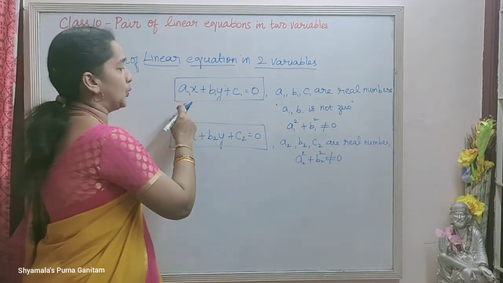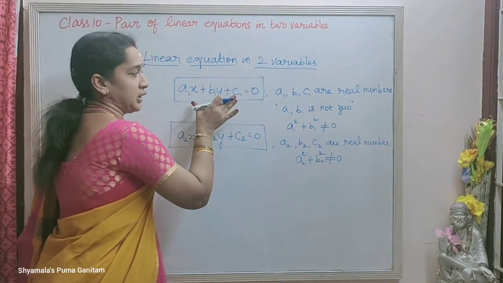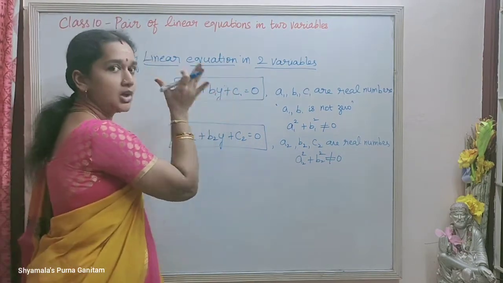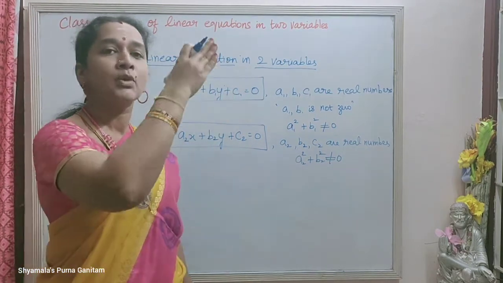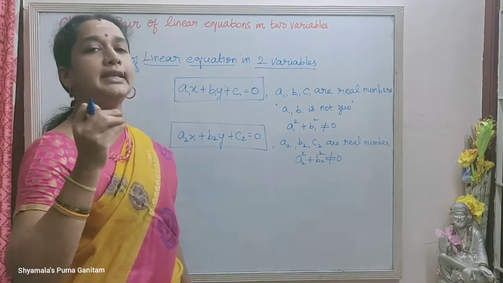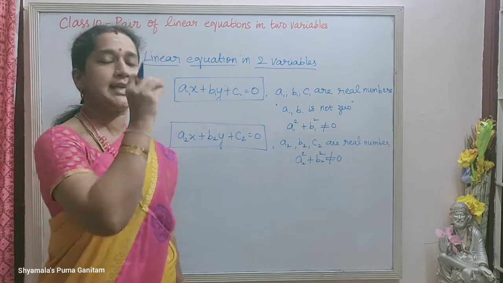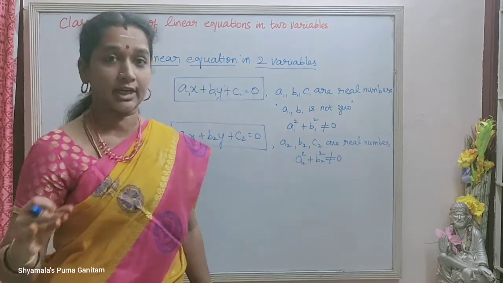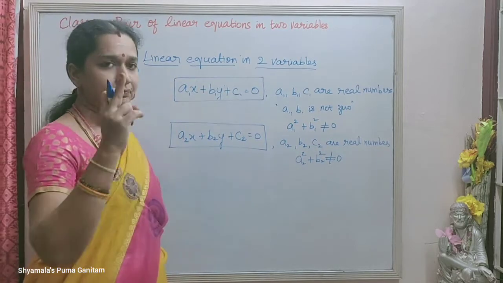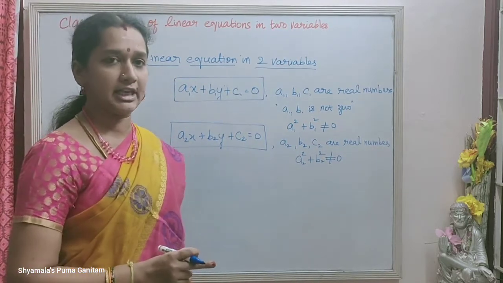So what I told you, the solution of this linear equation will be a straight line. When you plot all these solutions in a graph, you will get a straight line. So that is for one linear equation.